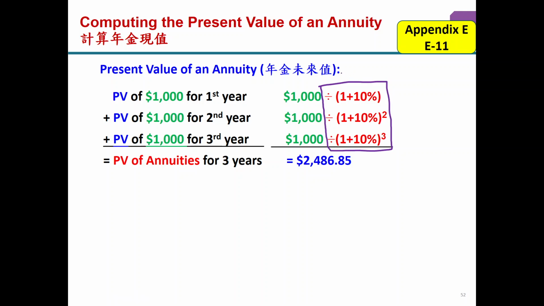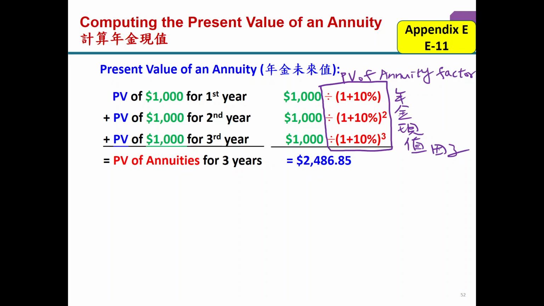So it's present value of annuity factor. 年金现值因子。Okay?